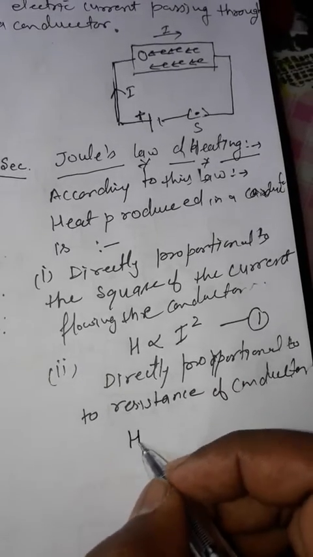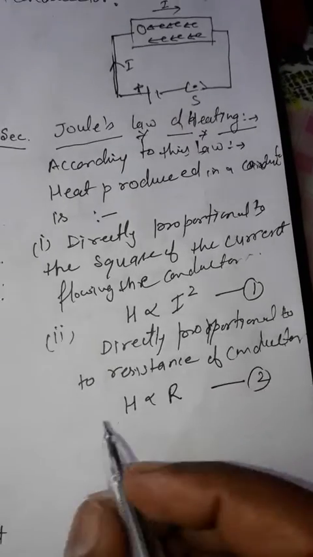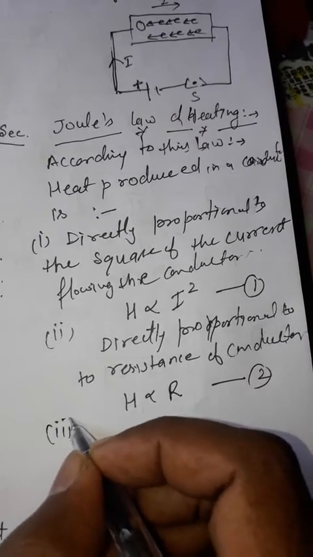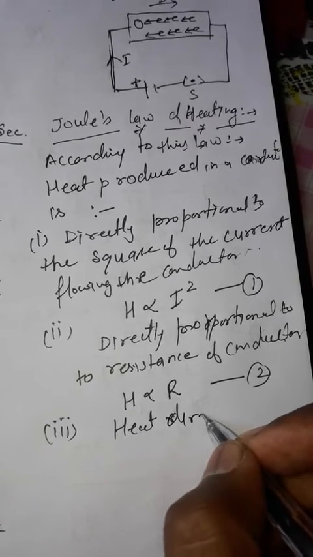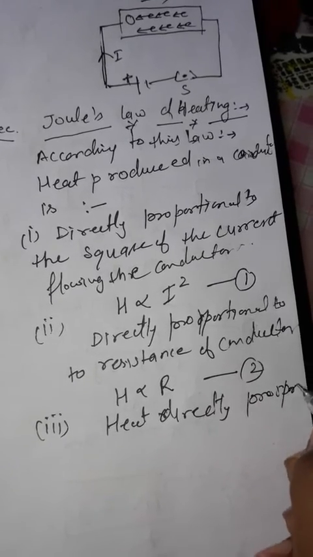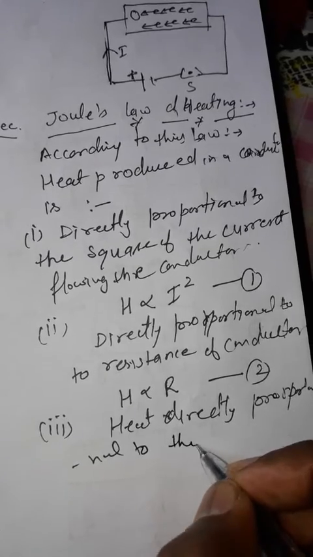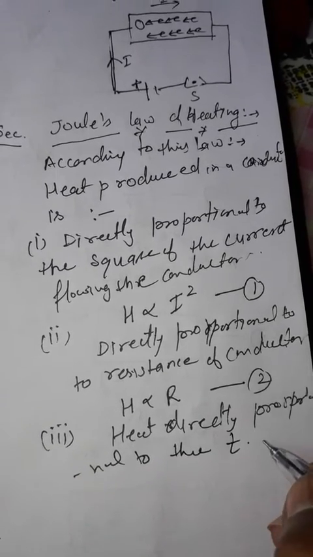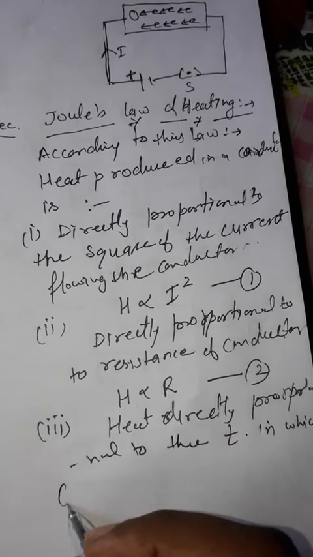So we can say H is directly proportional to R. Say equation 2. The third statement is that the heat is directly proportional to the time for which current is flowing.